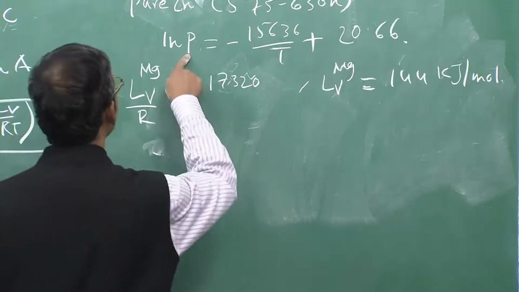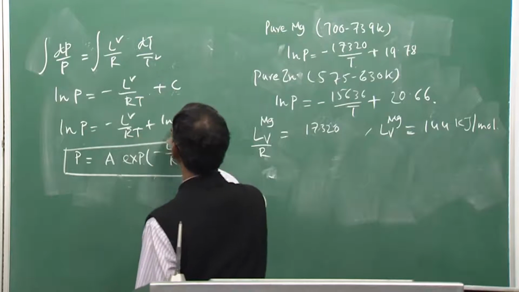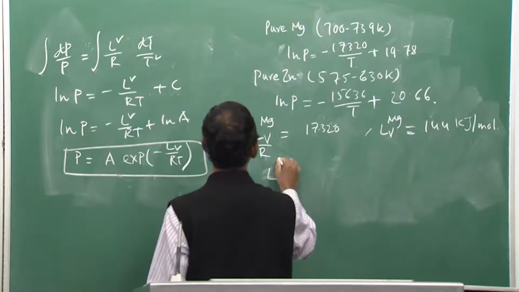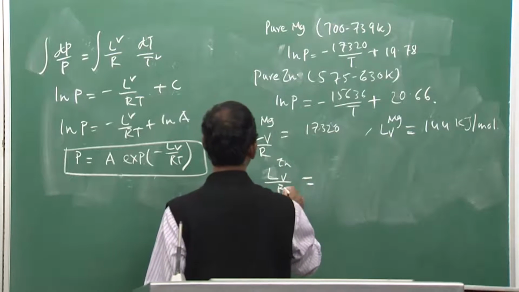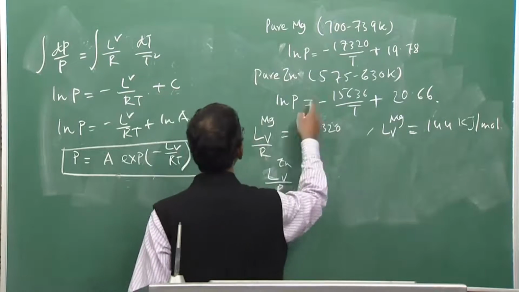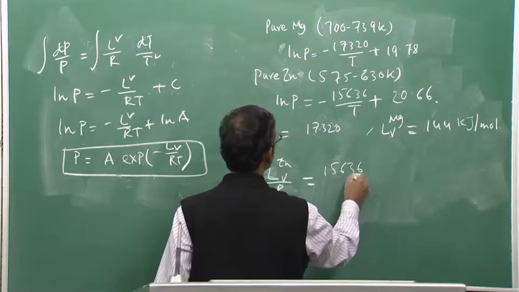Similarly, I can compare the zinc expression with the equation log of P equal to minus LV by RT plus log of A. You can see that for zinc, LV by R is equal to this number, because the minus signs cancel.